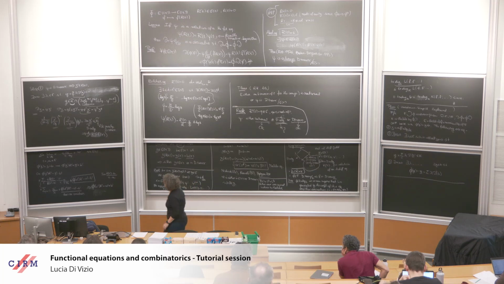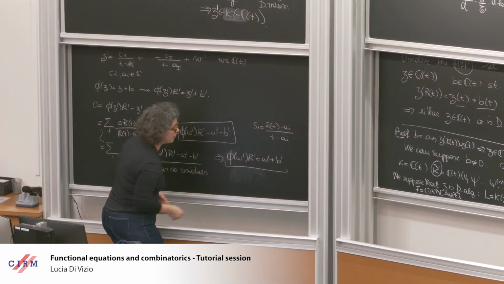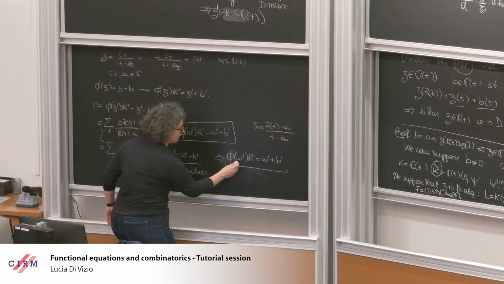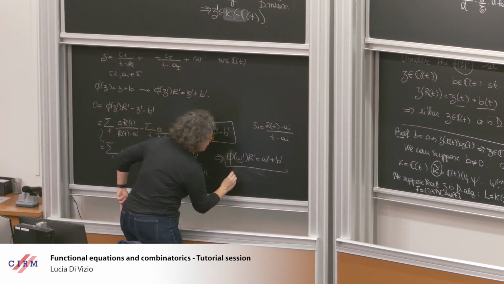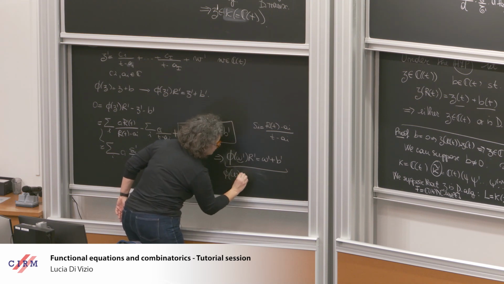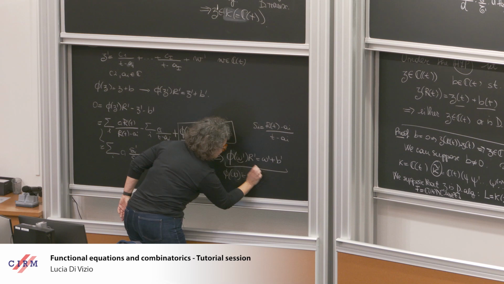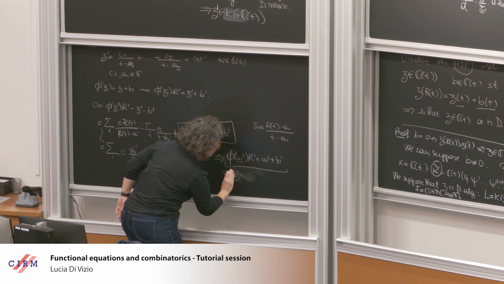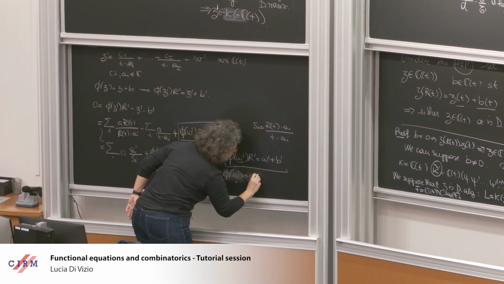Yes, z prime is different from 0. So we have this, and a primitive of omega must verify phi omega equal omega plus b.